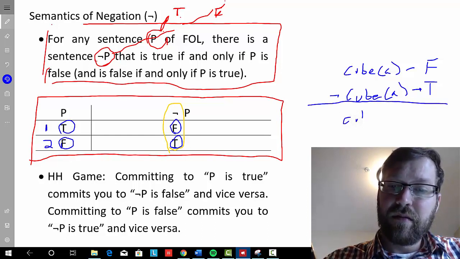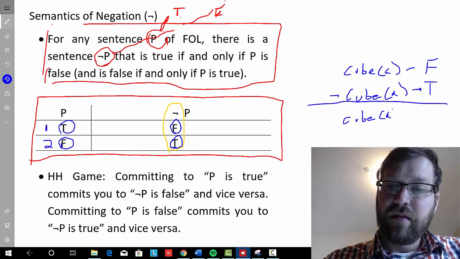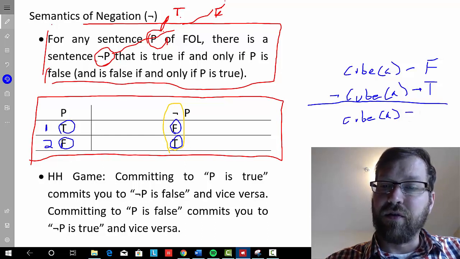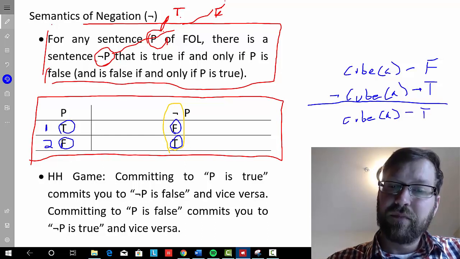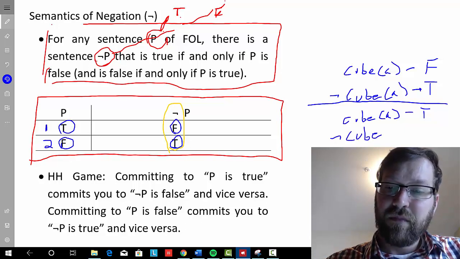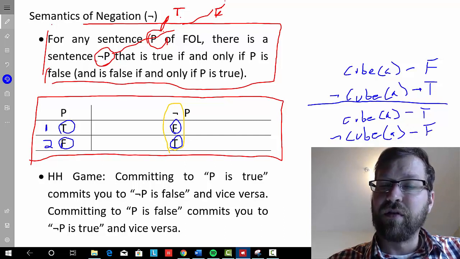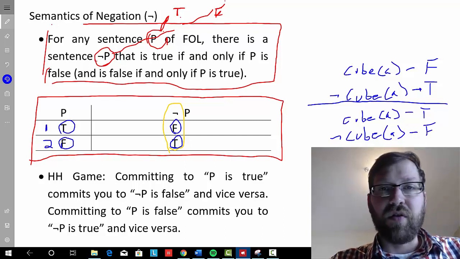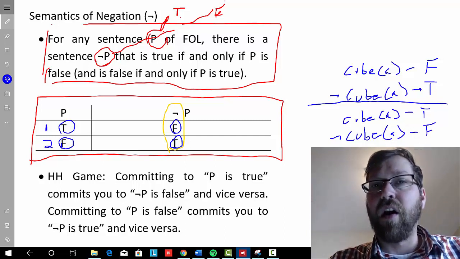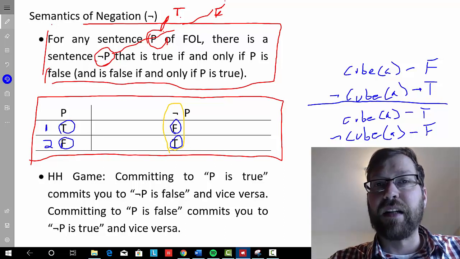But if A is a cube is true, then not A is a cube will tell us to return false. So it's always just telling you, give out the opposite truth value of the sentence that's being negated.